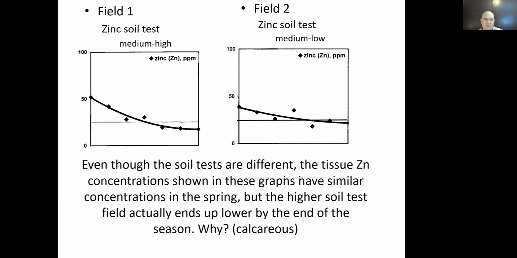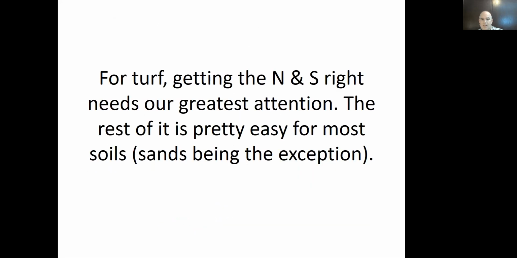So tissue analysis can be used hand in hand with soil testing, and that can be a little complicated, but I really like to look at both and not just rely on one or the other. So for turf grass, again, that's mostly what I'm dealing with in the urban landscape, getting the nitrogen and sulfur right needs our greatest attention, and it's the most difficult part of this.